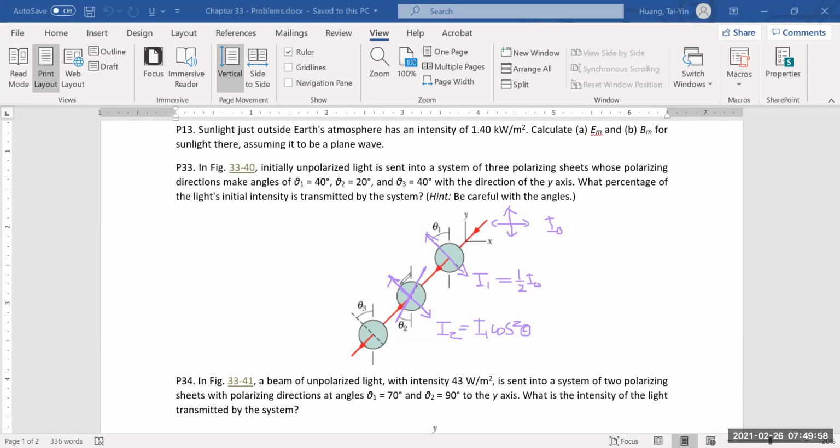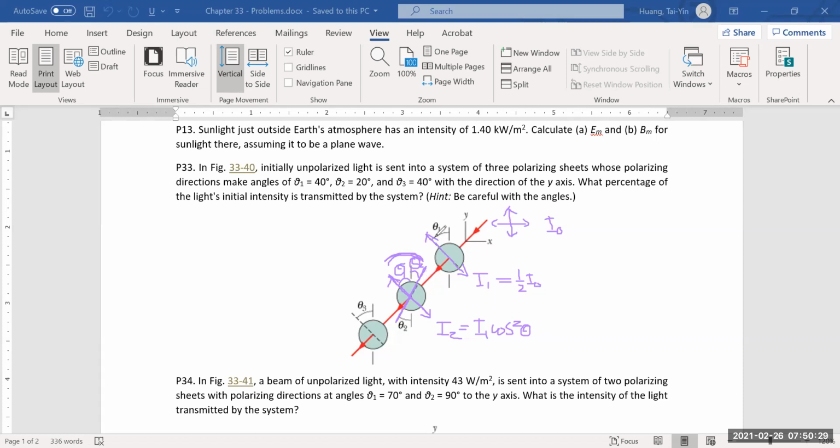Okay, and we know that this one is already making angle theta 1. All right, and then this is your theta 2, which is here. So your theta in this case will be the sum of theta 1 and theta 2, because that's the angle between these 2 axes. One is the second polarizing axis, and this one is just the light that's being sent through that one.